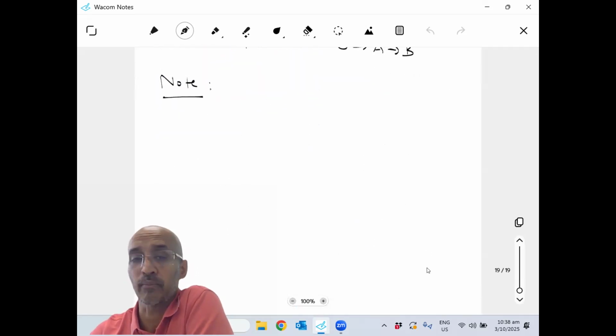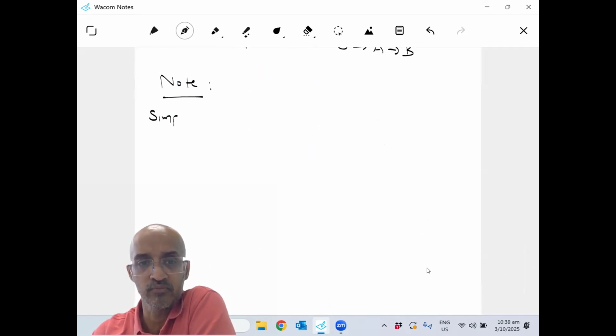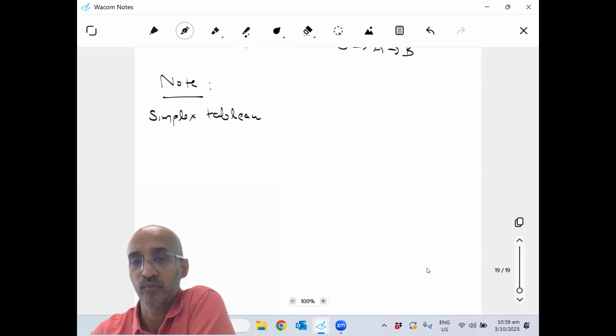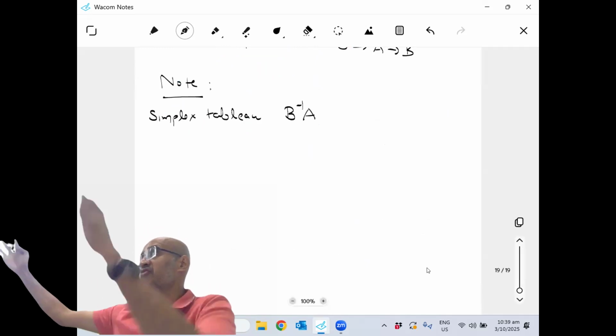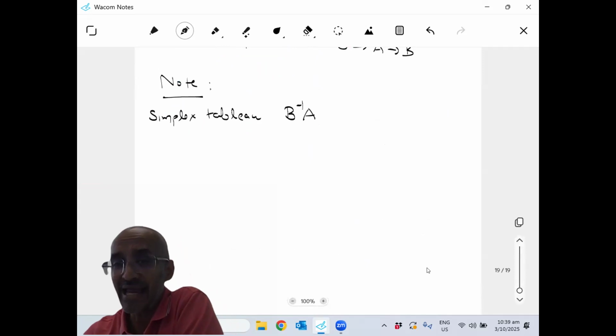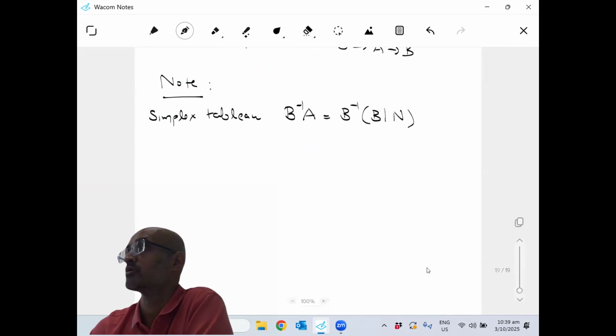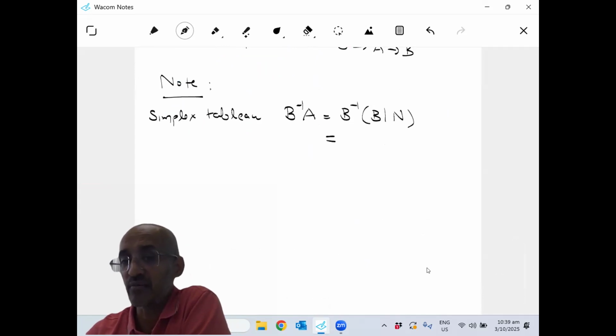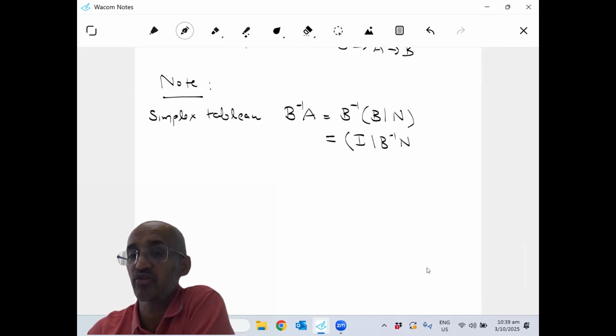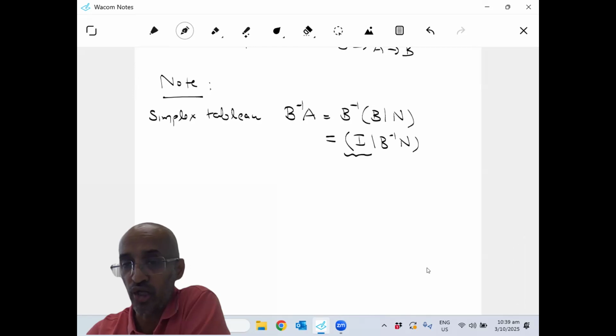Remember what my simplex tableau is doing at every step: there is a B inverse times A on the right hand side. But A consists of my basic variables and my non-basic variables, which means that wherever my basic variables are in that matrix, I will get B inverse B, which is the identity, and the remaining will be B inverse N.